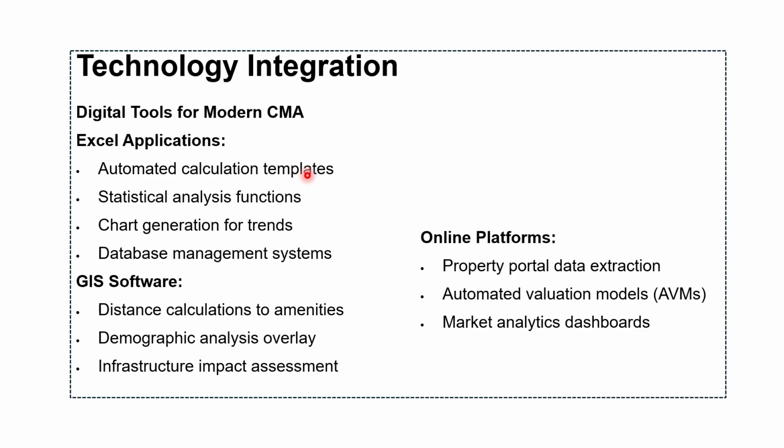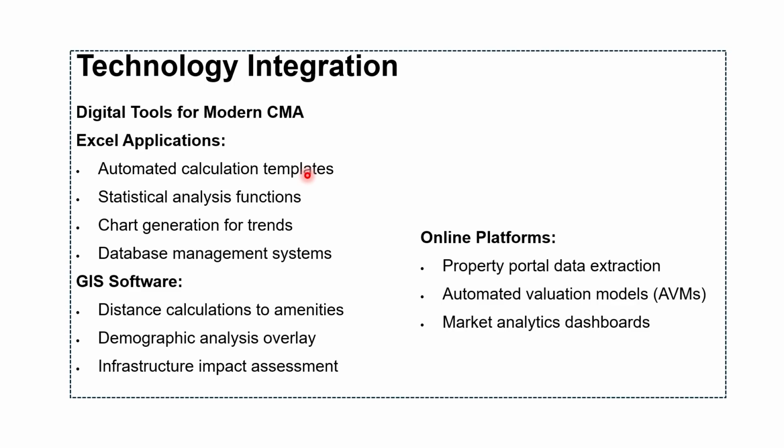Then we have chart generation for trends. So when putting all these data points on a chart, we can get the trends of property prices, in which direction they are heading, and that will be used for predicting the future prices. And then database management systems, whatever data you are collecting.